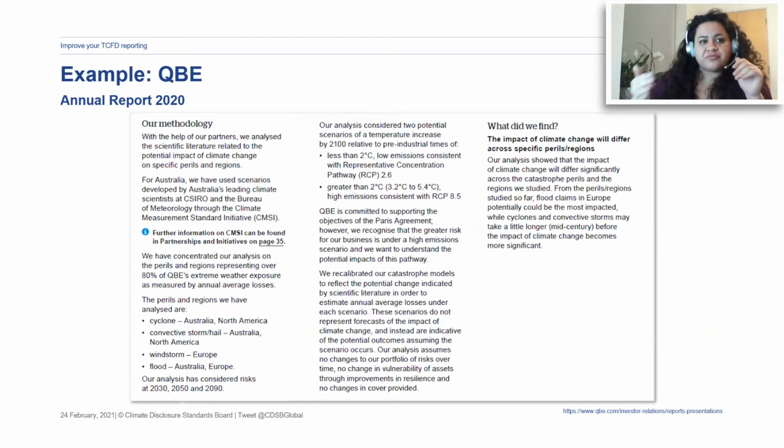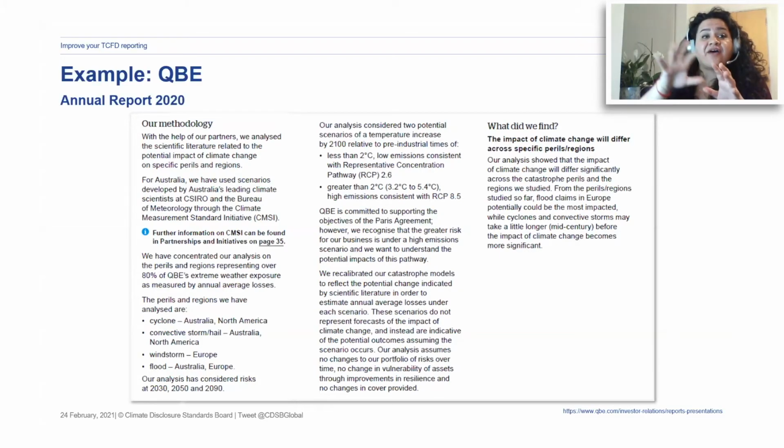As your disclosure improves, what we'd like to see is a conclusion drawn from your scenario analysis. Again, as Christin mentioned at the beginning, it doesn't necessarily have to be quantified or quantitative right away. It can be a qualitative summary, but there does need to be some sort of conclusion about whether you think your company is resilient based on the assessment that you've taken.